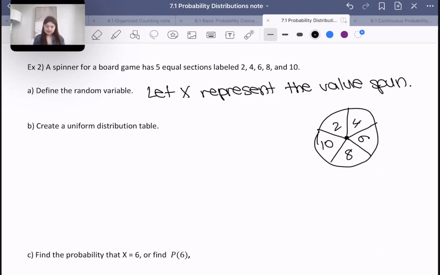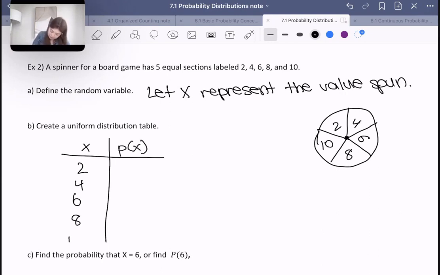Now it says create a uniform distribution table. So we need to write down all the x values and state the probabilities for all of them. Now again, the probabilities are all going to be the exact same, right? There's 5 different values we could get. And so the probability of getting any of those values is 1/5, right?